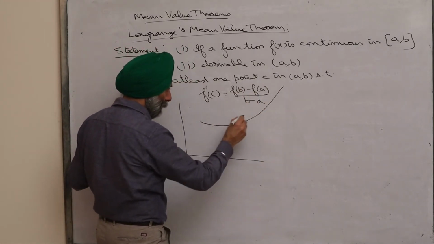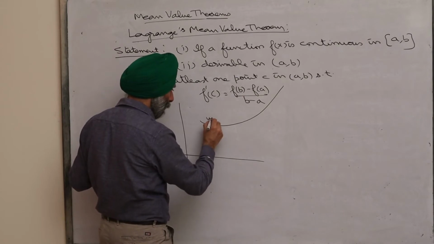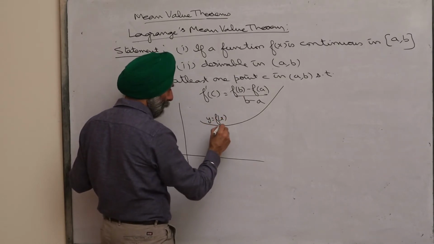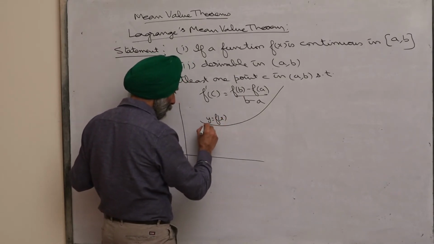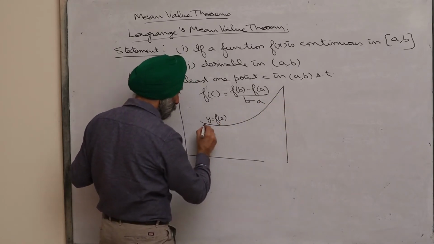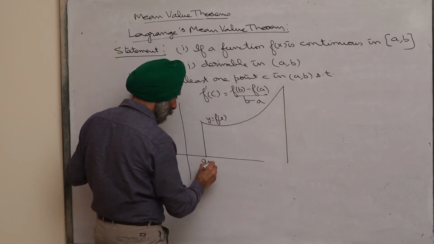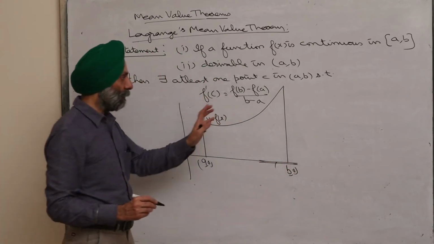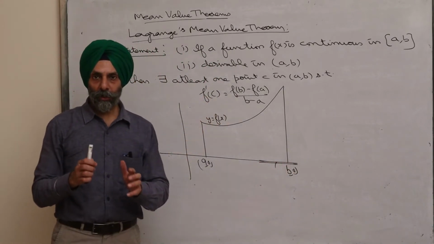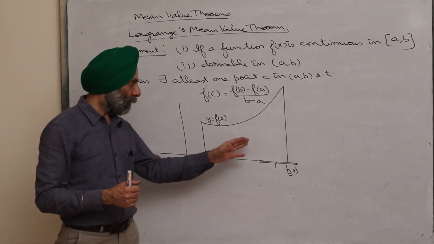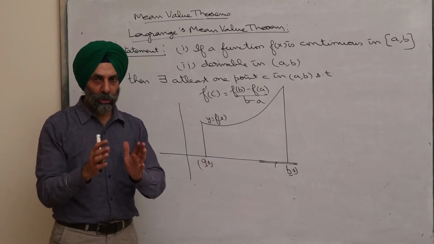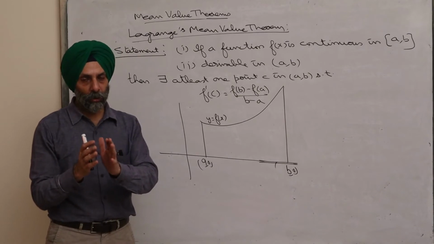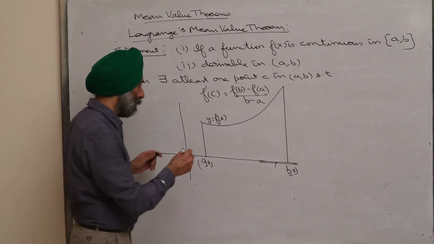Let's say this is any function y is equal to f(x). Now, in the interval, say it is a to b, you can see here this is continuous as well as differentiable. Differentiable means that in this interval a to b, at each and every point, a tangent to this curve exists.